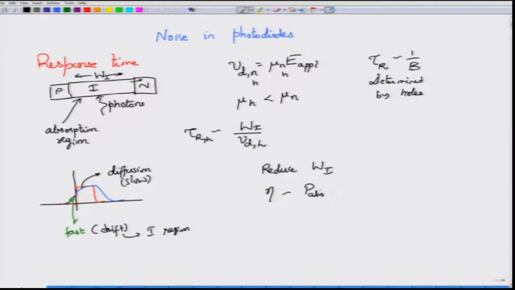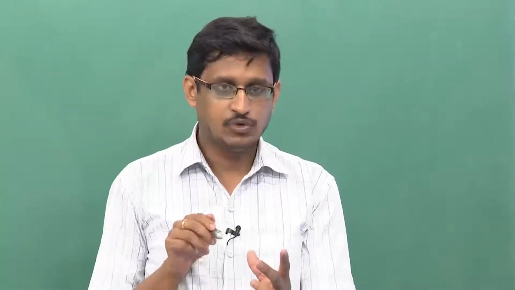But this optical power that is absorbed depends on the width of the intrinsic region, because the absorbed power is proportional to e to the power minus alpha Wi, where alpha is the absorption coefficient of the material. So if you reduce Wi, you do not have good thickness or length of the intrinsic region so as to absorb the photons.